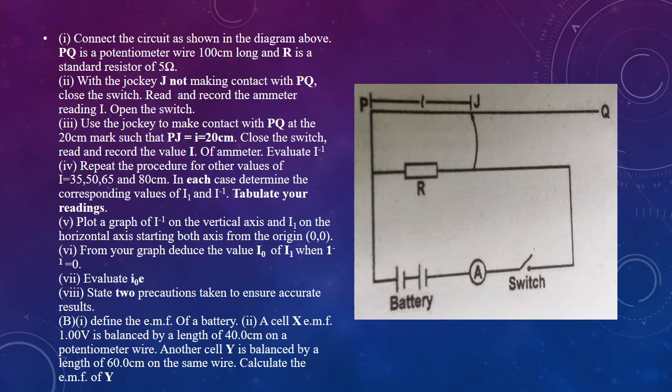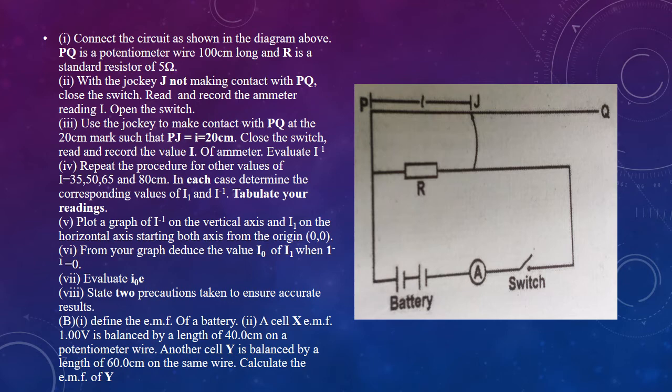You also have where it is given, read and record the values of I on the ammeter. Evaluate I inverse. So with this, we have seen what will be on our table. In IV, we have repeat the procedure for other values of L: 35, 50, 65, and 80. So we already have the values of L.